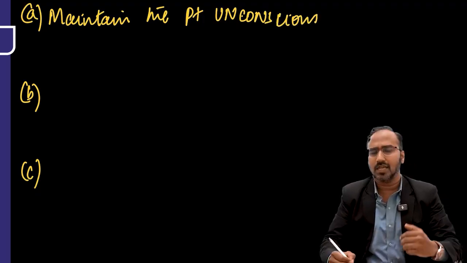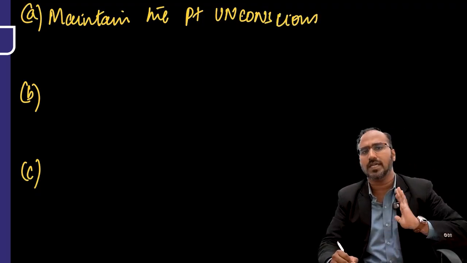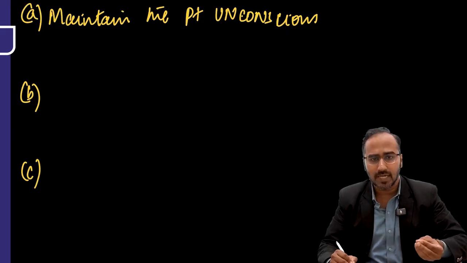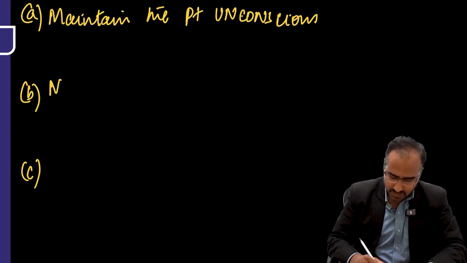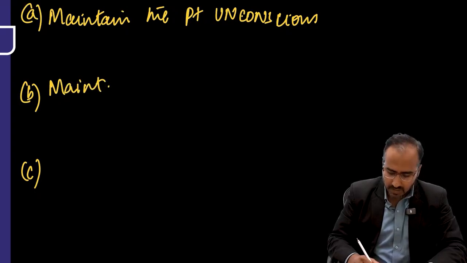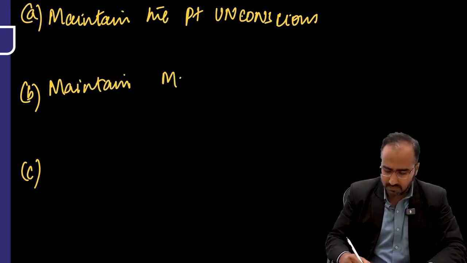Basically, the 3 aims of induction are seen over here, but instead of make, you will write maintain. In the maintenance phase, maintain the patient unconscious. Then maintain muscle relaxation.